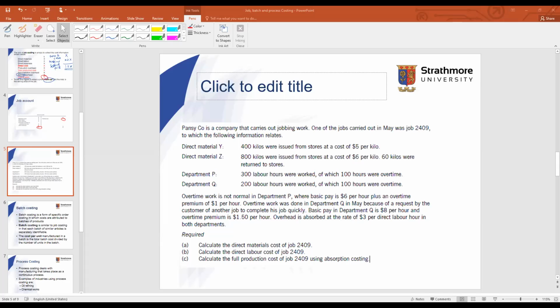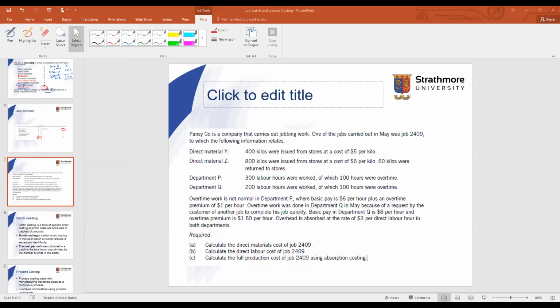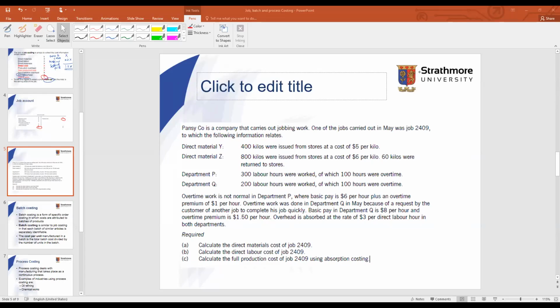We are being asked to get the labor cost, the material cost and the total production cost, using the absorption costing method. You can begin by getting the material cost for the job.